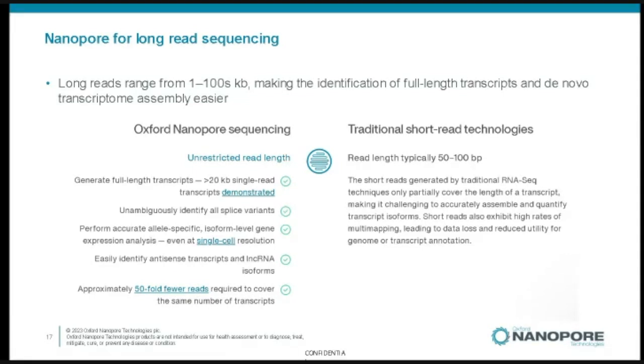Long reads provided by nanopore devices range from 1 to 100,000 kilobases, making the identification of full-length transcripts and de novo transcriptome assembly a breeze. Differential isoform expression and allele-specific effects are known to be important in the susceptibility to and progression of diseases and individual drug responses.